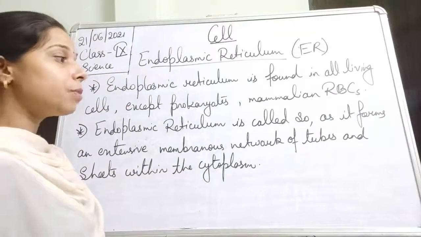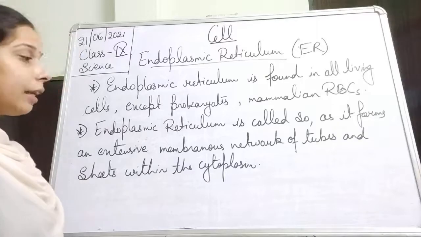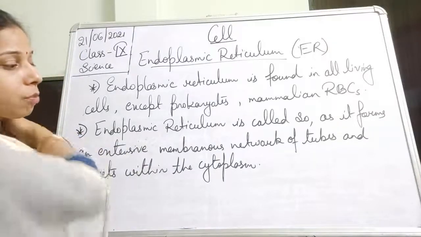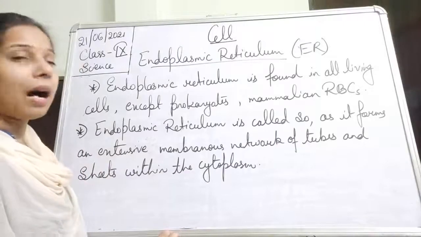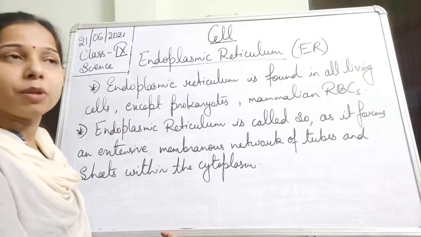So why is it called endoplasmic reticulum, students? The reason is that it forms an extensive membranous network, and this membranous network is of tubes as well as sheets, and that is why it is called endoplasmic reticulum.